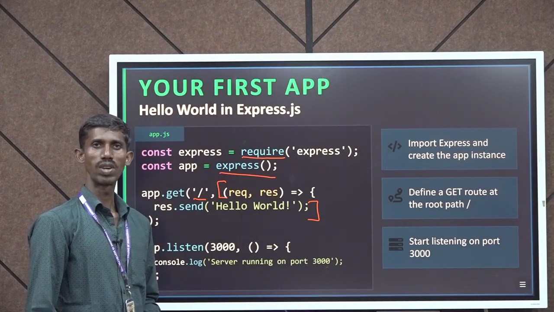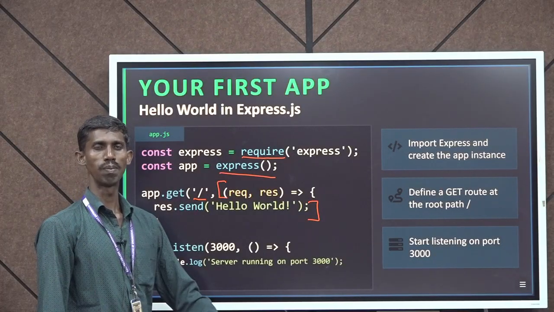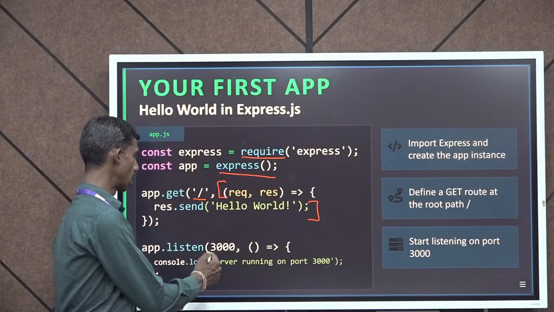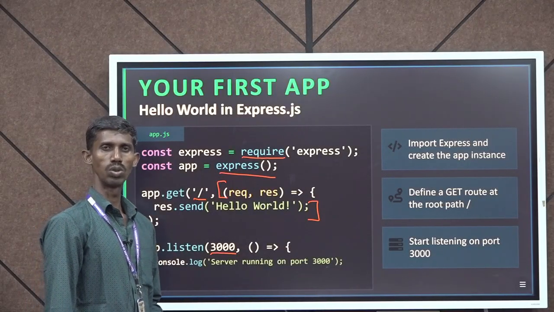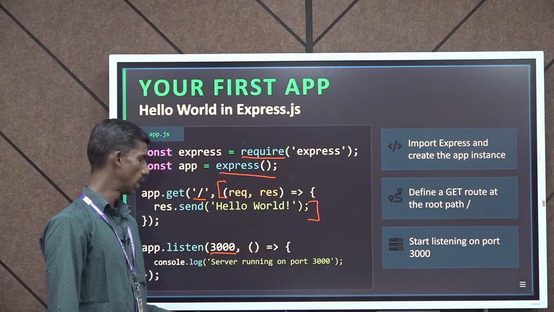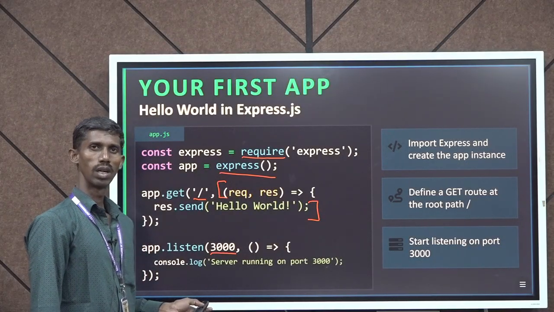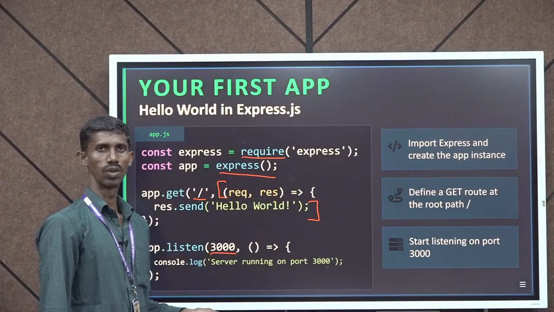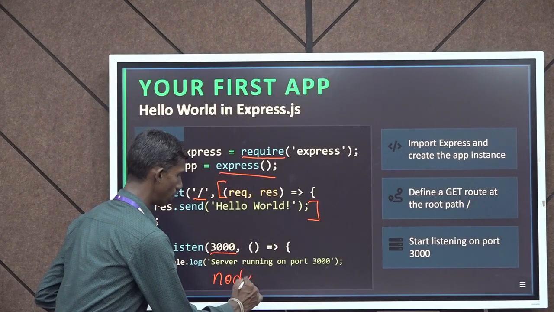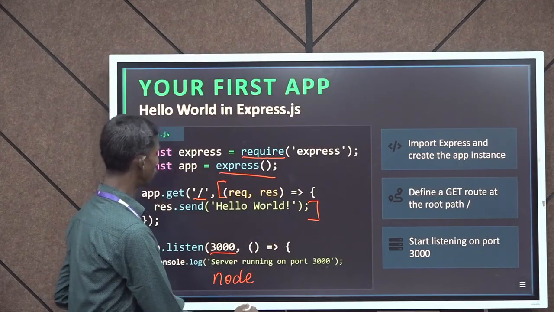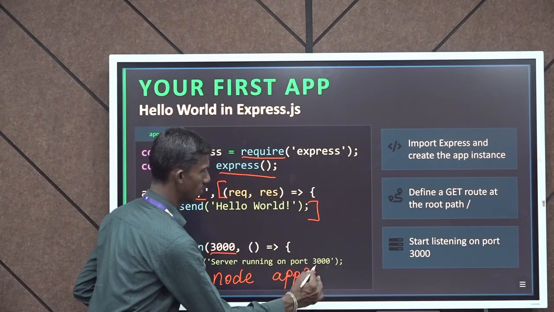Last step, after implementing the several tasks, the server should listen on some port. The server should listen on port 3000. This is a default port for Node.js, and we have an anonymous function stating that the server is on. When you run this program, node space, the file name is app.js.